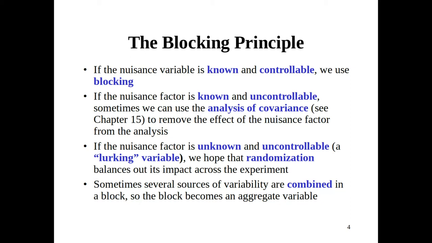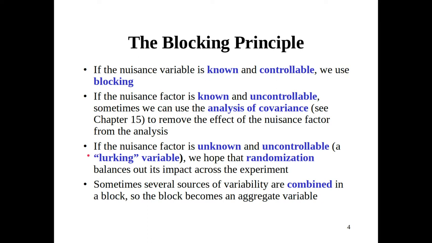There can be many other examples, factors that we know, but unfortunately we can't control. Then how can we deal with them if we cannot control them? Sometimes we can use the analysis of covariance technique to remove the effect of such nuisance factors from our analysis.